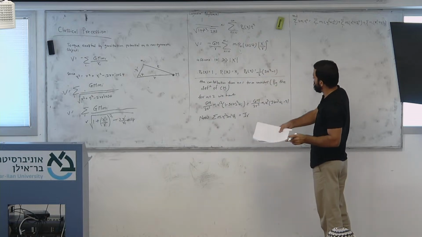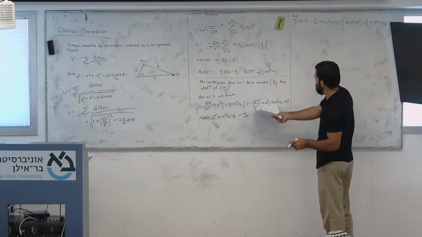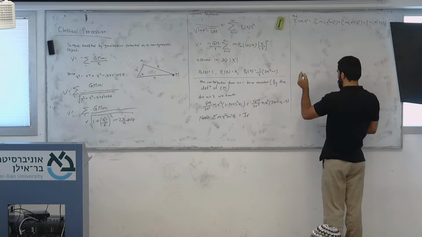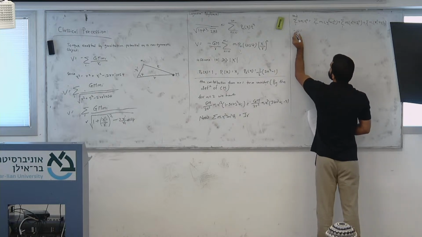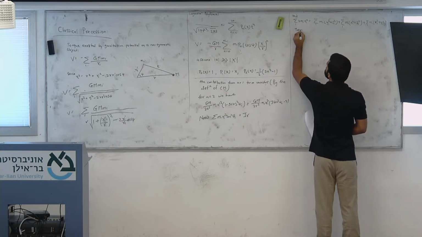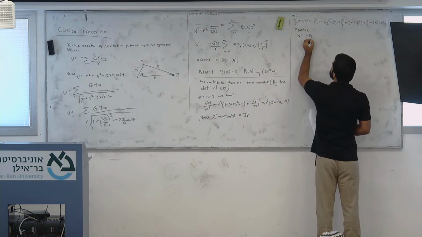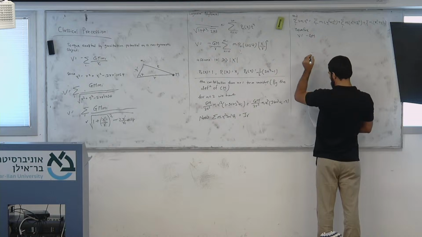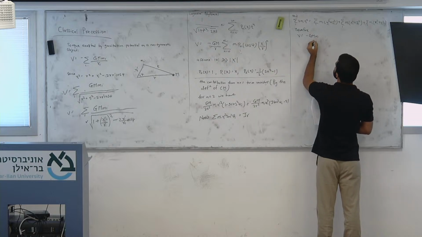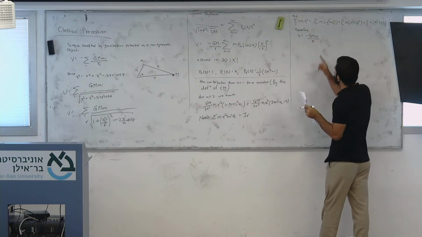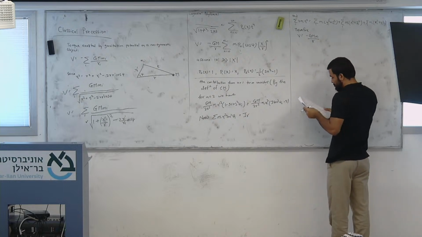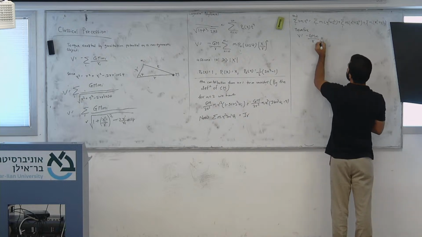Okay, so let's write down this equation here again. Therefore we have V equals minus GM over R. I will remove this term. Now here I am doing the summation, so summation is not included in here.